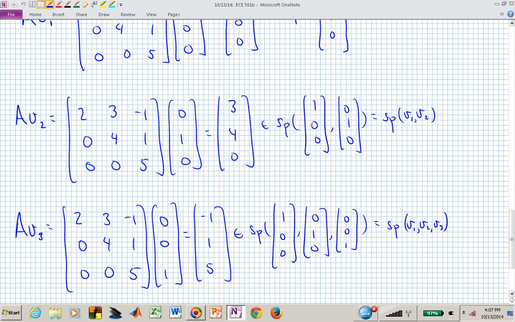That now pulls off the third column in A, which we can form by a linear combination of v sub 1, v sub 2, v sub 3 with the appropriate scalars, minus 1, 1, and 5, respectively. And that says then that this operation of A v sub 3 is in the span of v1, v2, v3.